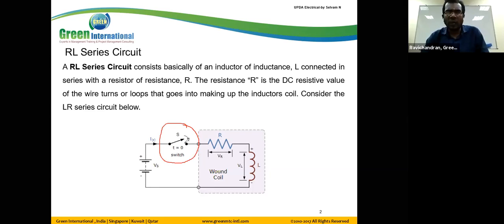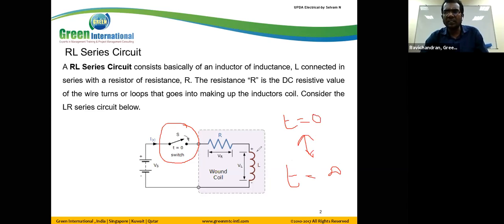When the circuit is like this, we call it a transient circuit, because at t equal to 0, the circuit behaves one way, at t equal to infinity another way, and during this period, how does the RL circuit behave?